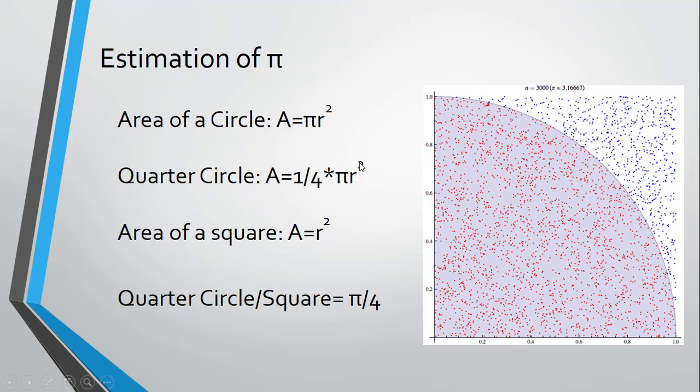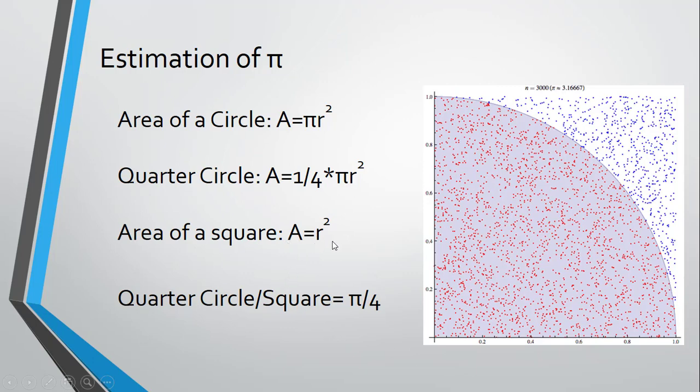The area of the circle is pi times r squared. We all know that. So the area of this quarter circle is 1/4 times pi times r squared, this blue area here. Now what about the area of the square? Since it's a square, the area of the square is just r squared.